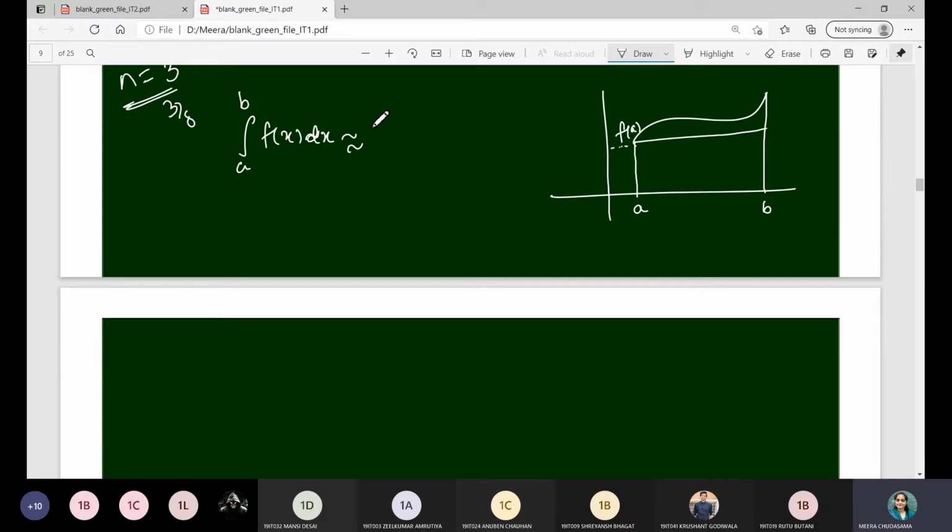Then we have approximated the integral of f(x) dx, from the rectangle rule, as h times f of a plus f of b, up to, if we take partitions x0, x1, x2, xn, then this is f of x0 plus up to, plus we will go up to n minus 1th point, right? That is what the rectangle rule we have considered in the last class, where the last point will not be included, right?